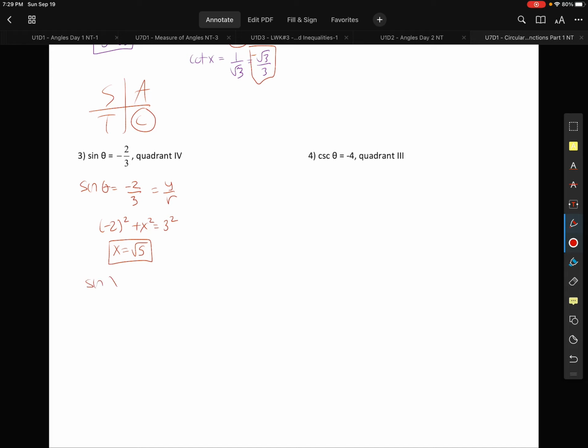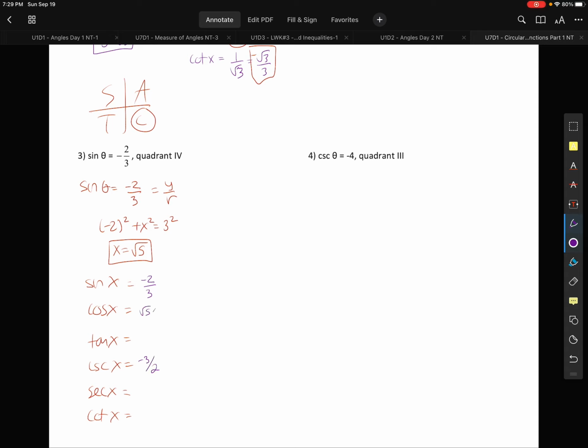Alright, sine x, cos x, tan x, cosecant x, secant x, cotan x. Alright, so sine is negative 2/3, which means that cosecant is negative 3/2.